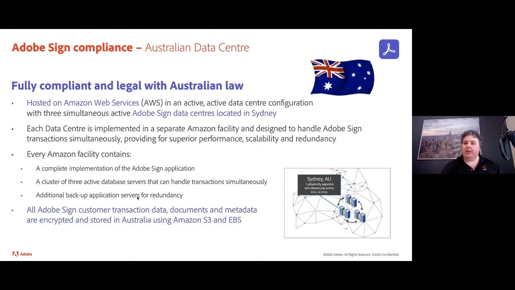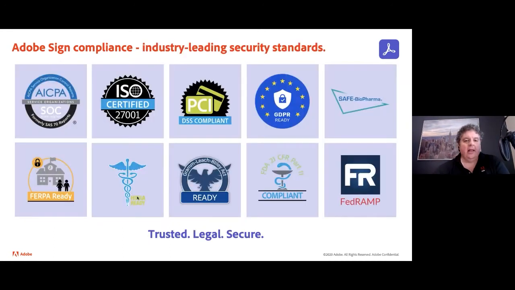It's 3 actives up in Sydney, but more importantly, it's 3.2 times faster to load on someone's device when you're sending documents out. We also meet all the big standards: ISO 27001, SOC 2 Type 2, and other things like GDPR. So we've got white papers on all this. We're trusted, we're Adobe, now the second largest software company in the world.